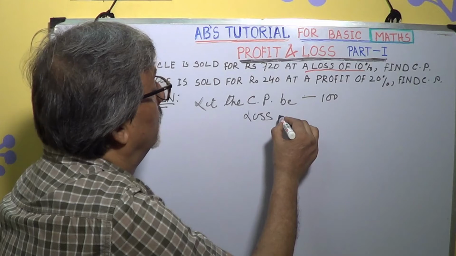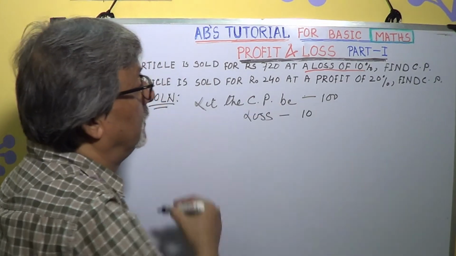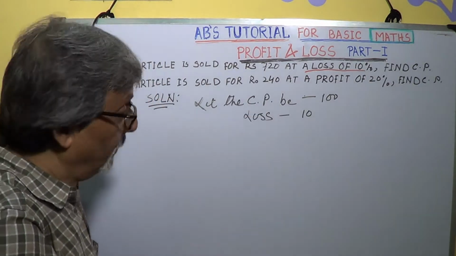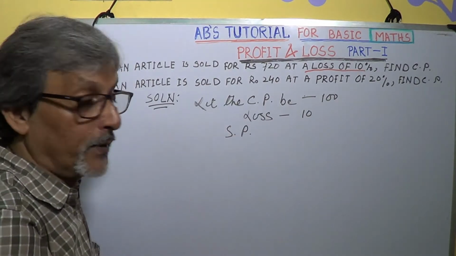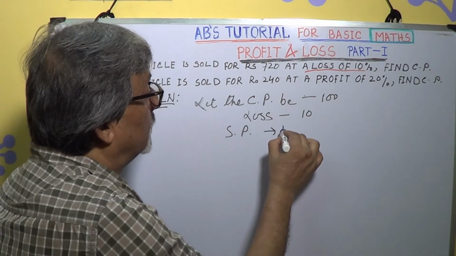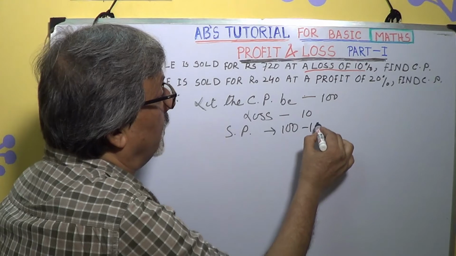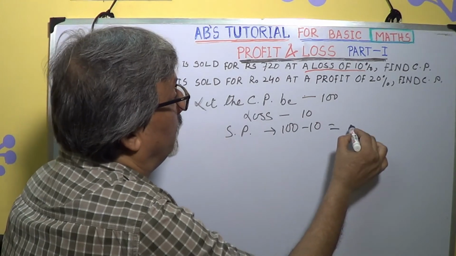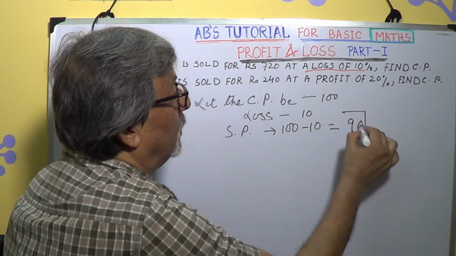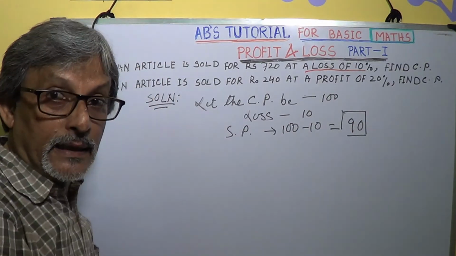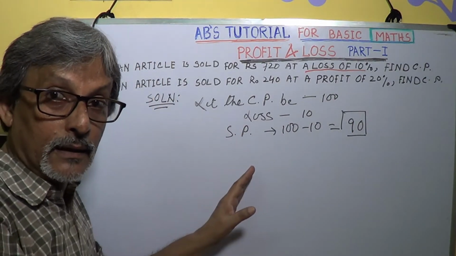So loss is rupees 10. Then the SP will be how much? We just subtract rupees 10 from our CP, and this becomes rupees 90. This rupees 90 is the selling price of an article.